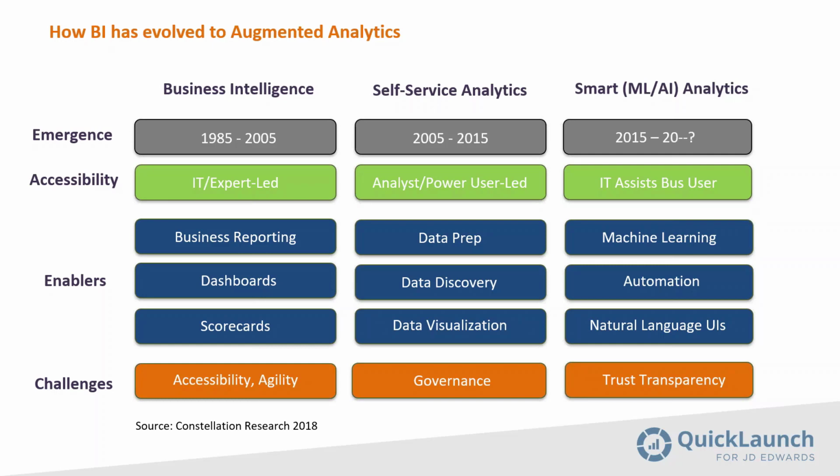So they're assisted by technologies such as natural language processing and smart visualizations, things like automated insights and other AI enabled capabilities. But this wave is not without its challenges either. Most of these challenges revolve around how can we trust the machine learning models. So how can I trust the underlying algorithms? How can I trust the calculations and the predictions given to me?